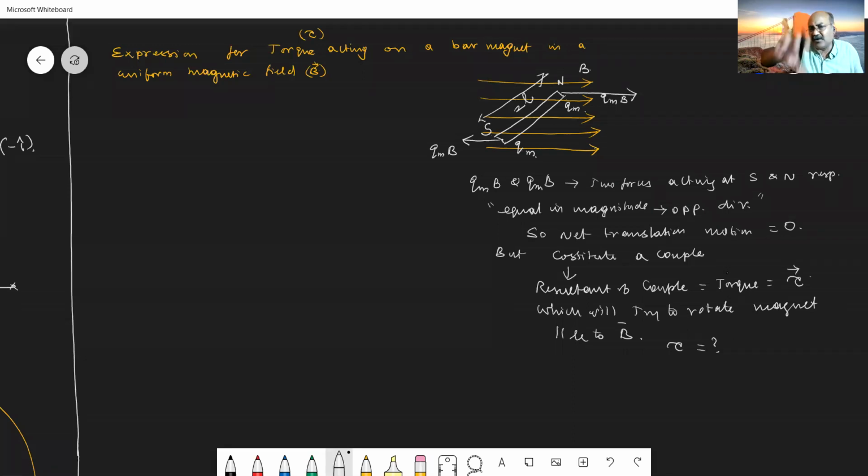Before going to the derivation, we have to write a small description.